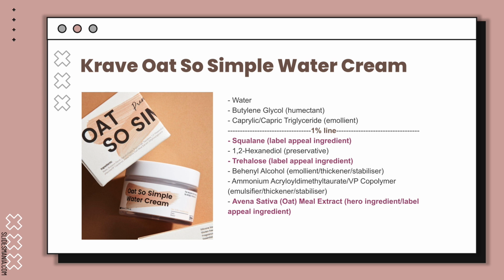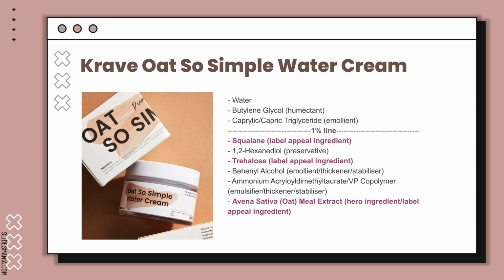There are a number of label appeal ingredients in this cream. These ingredients are added for market appeal and usually include active ingredients, botanical extracts, aloe, and hydrosols. Due to cost and short shelf life, these ingredients are added at typically between 0.1 to 0.5%.